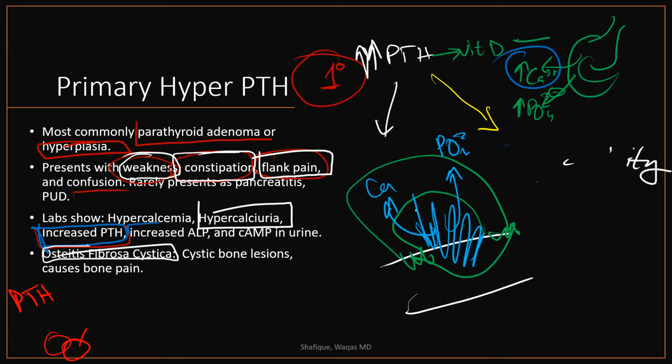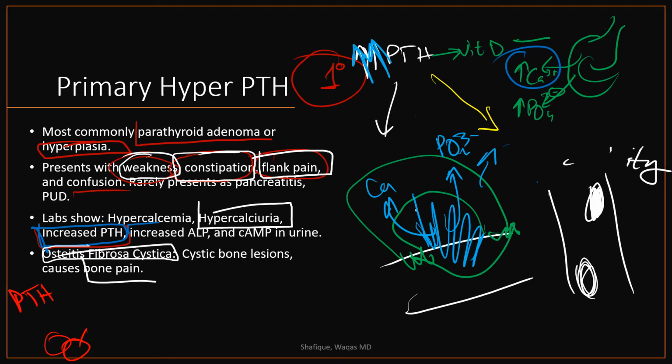When you have increased PTH, you'll have increased osteoclast activity, and chronically, this will result in lytic lesions or cystic lesions in your bones, and this will also cause bone pain, right?